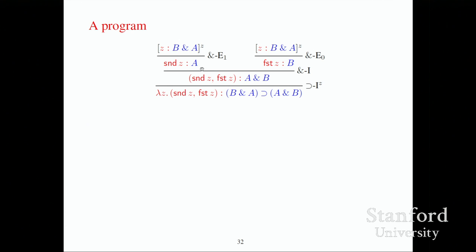Then second of z would be an A, and similarly, first of z would be a B. So second of z paired with first of z would be an AB pair. And then lambda z. (second of z, first of z) would be a function from a BA pair to an AB pair. Clear enough?